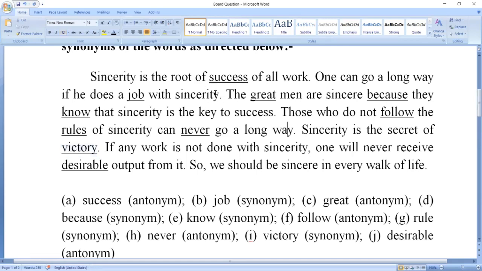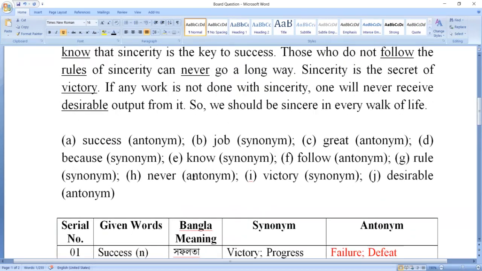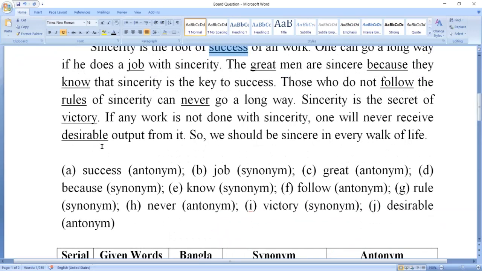However, here are some words underlined, and here are the directions you have been given about what you need to write. Here the word is success, and you have to write the antonym of the word success. In B, the word is job. You have to write the synonym of the word job. In this way, you have to write the directed one for the rest of the words.